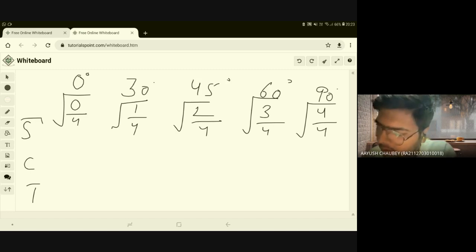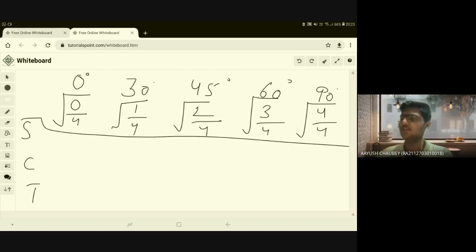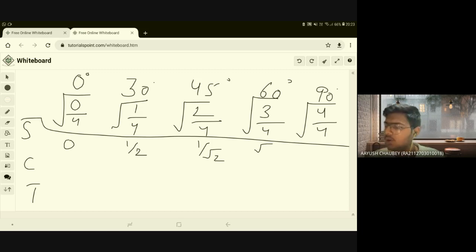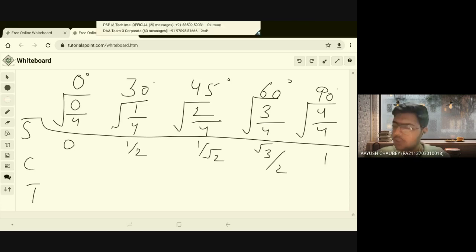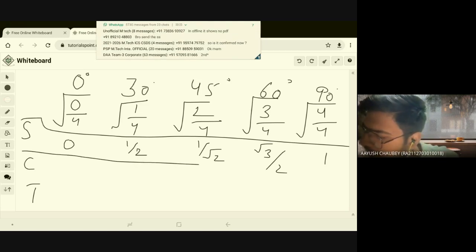So you can calculate: it would be 0, it would be 1 by 2, 1 by root 2, root 3 by 2, and 1. So this would be for sine.